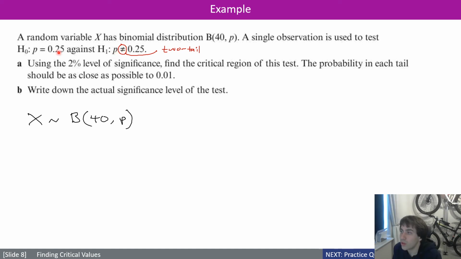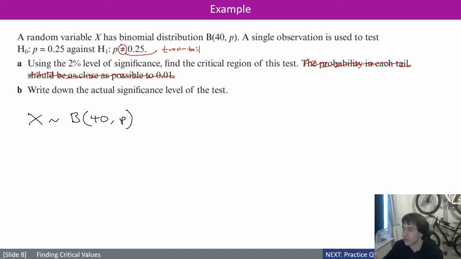So now using a 2% level of significance, we're going to find the critical region of this test. This extra bit here, by the way, is just redundant information. The 0.01 simply comes from halving the 2% and converting it to a decimal. But we already know we need to halve the 2%, don't we?